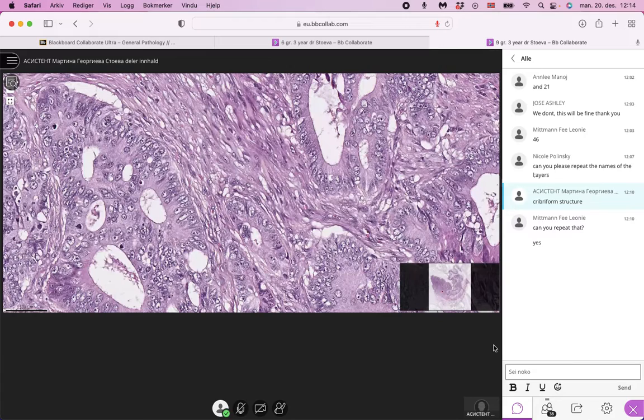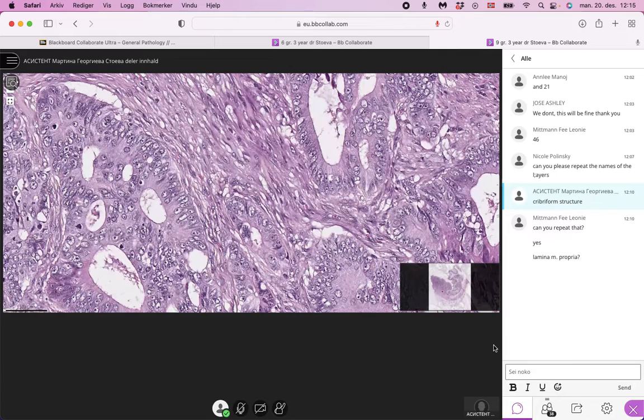So in a case like ours, when the tumor glands infiltrate the lamina muscularis propria, it means that the tumor is T2. It would be T1 if the tumor glands were only in the submucosal layer.